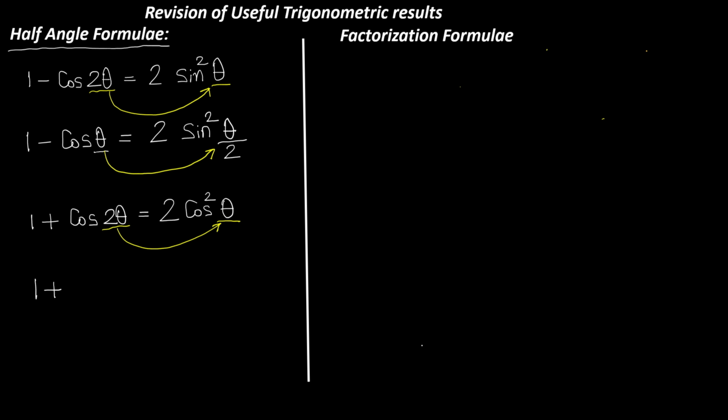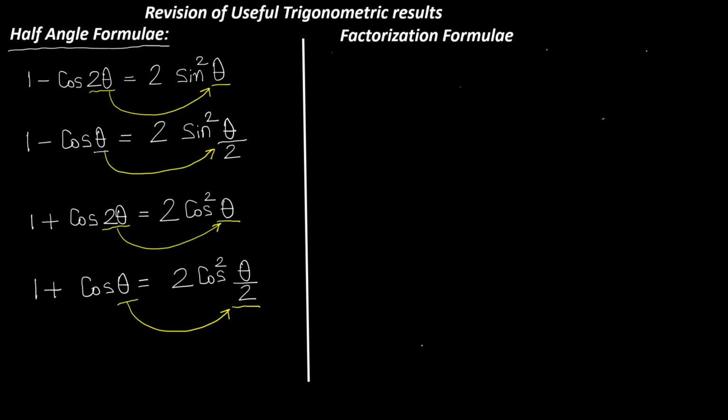And can you guess for again 1 plus cos theta? This will become 2 cos square theta by 2, as the angle became half. Okay, so these are the key half angle formulas that we'll be using.